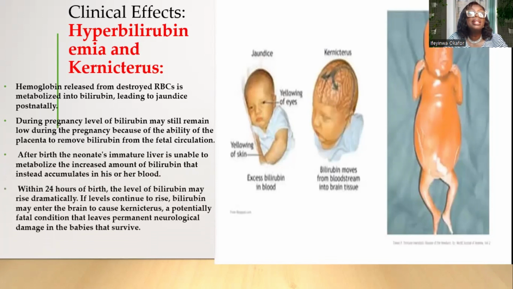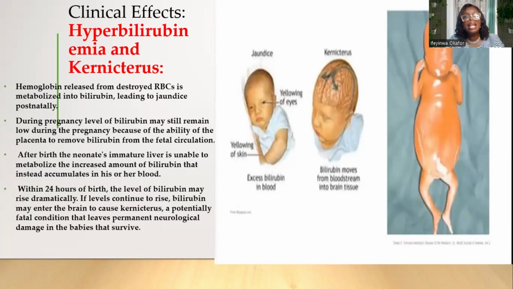Instead, this bilirubin accumulates in the baby's blood, and within 24 hours of birth, the level of bilirubin may rise dramatically. And if levels continue to rise, bilirubin may enter the brain to cause kernicterus, a potentially fatal condition that leaves permanent neurological damage in the babies that survive it.